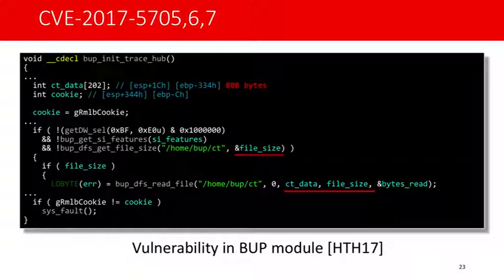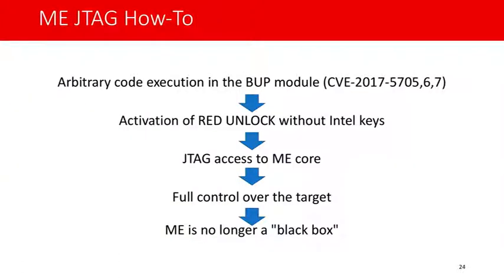Instead of the local buffer size, the DFS read file function gets the size of the whole file. How we exploited this vulnerability you can find in our presentation from Black Hat. Using the vulnerability, we also activated JTAG for the Management Engine.